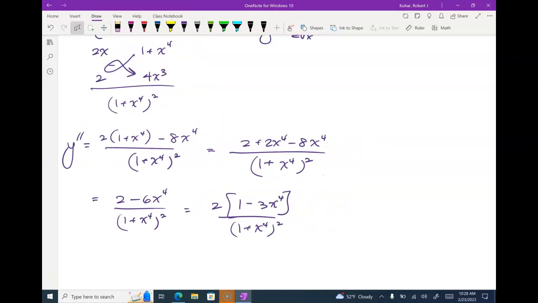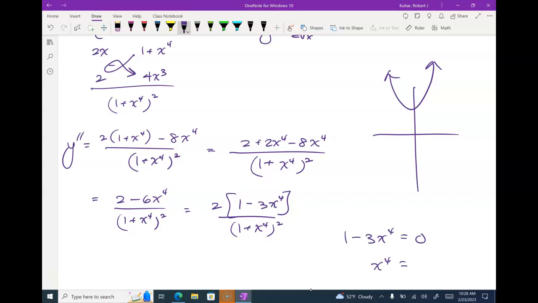And where do you see my criticals here? So the bottom can't be 0, right? 1 plus x to the fourth is never 0. Upstairs, I have 1 minus 3x to the fourth equals 0. So x to the fourth equals what? 1/3.